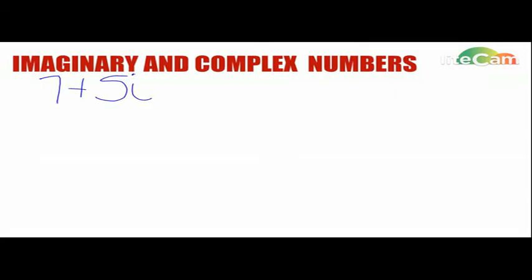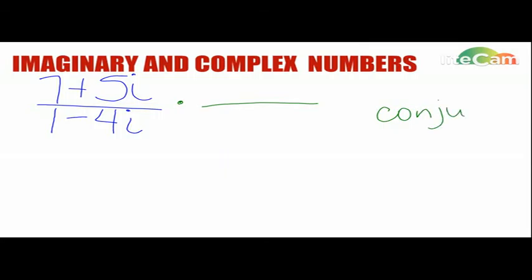Next problem. I have 7 plus 5i over 1 minus 4i. Okay, here's the rule. Just like with radicals or square roots, you cannot have a square root on the bottom of the fraction. We have to get rid of it. You also cannot have an i on the bottom of the fraction. We're going to have to use the conjugate again.